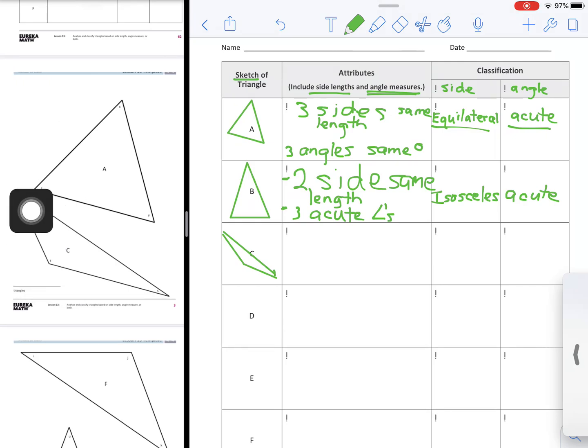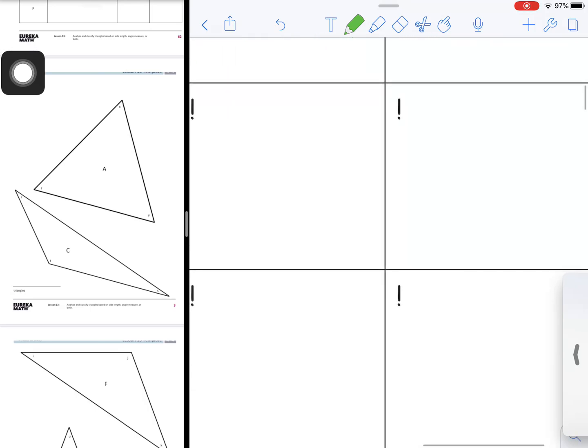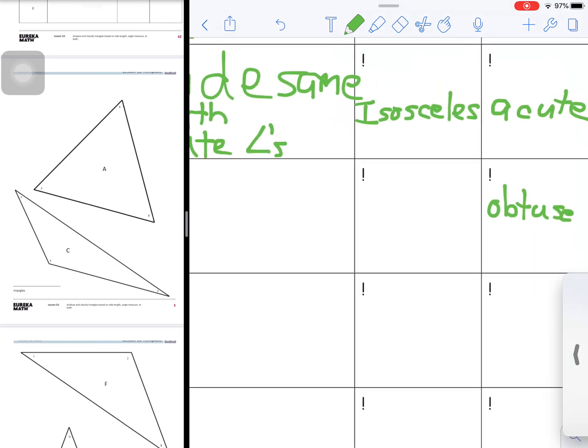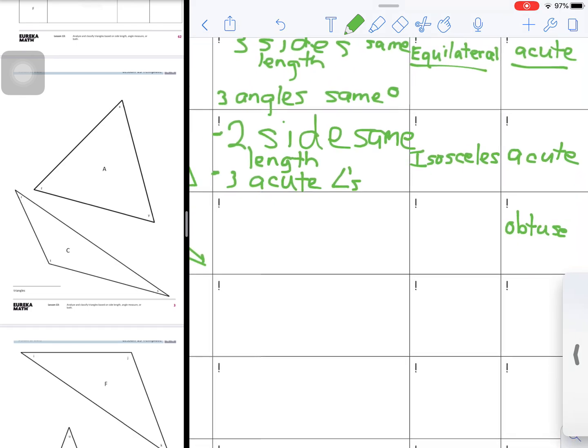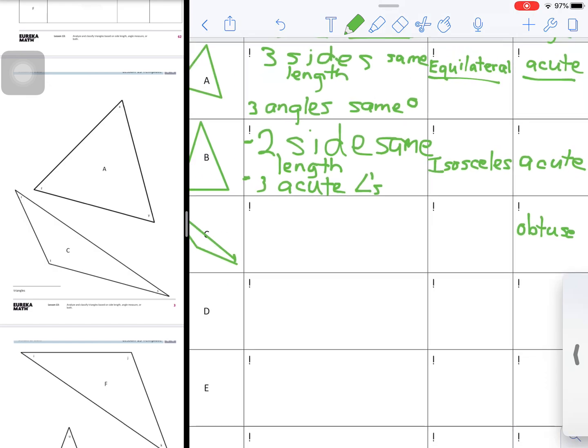Because it has one angle that is greater than 90 degrees, we're going to call it an obtuse triangle. So it has one obtuse angle. Any triangle that has one obtuse angle will automatically have 2 acute angles, but because it has one obtuse angle, it is called an obtuse triangle.